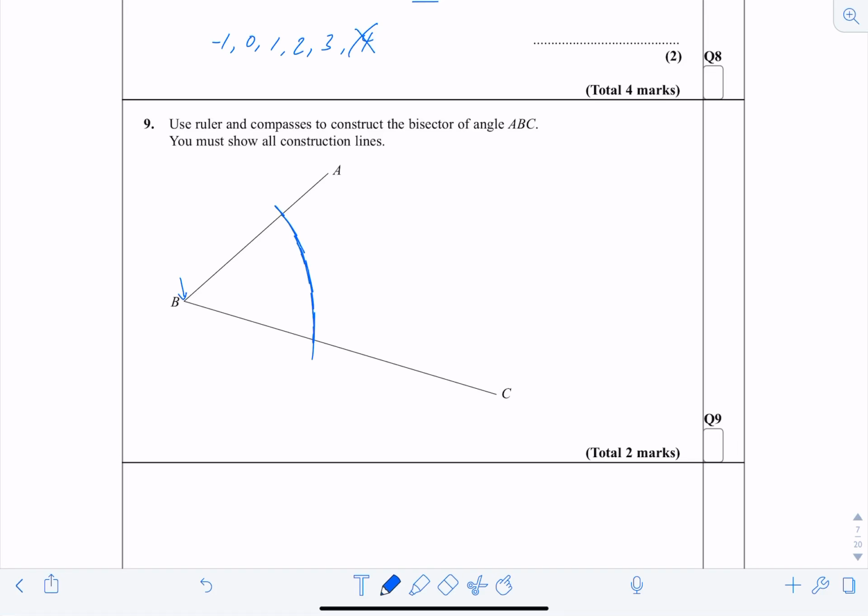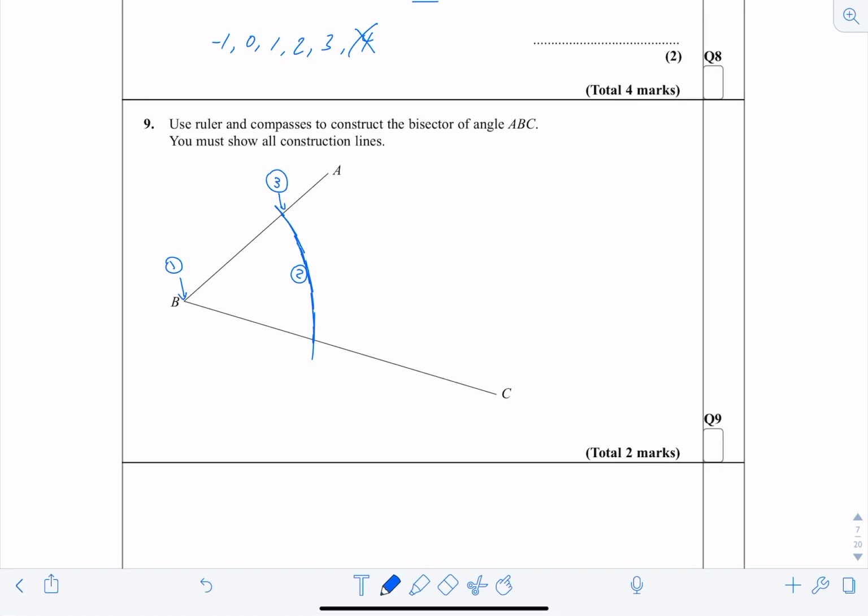And then, without changing the compass, I would then put my compass point there. So first put the compass point there, then draw the line, then put the compass point there, and without changing it, and you should get something like an R. Oh, no, not quite right like that.